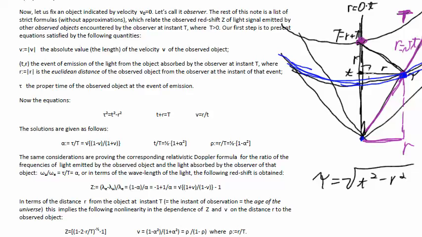It's a right triangle and hasn't been drawn to scale, but this would be 45 degrees and this would be 45 degrees. So T equals r plus t. Then the velocity is the slope of this line here, and it is the distance traveled divided by t, this value here.